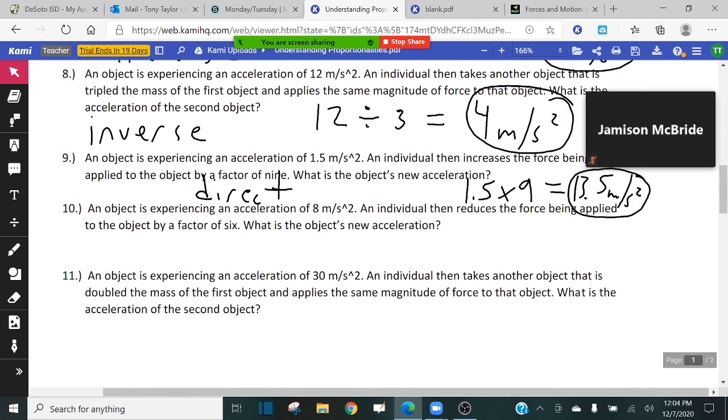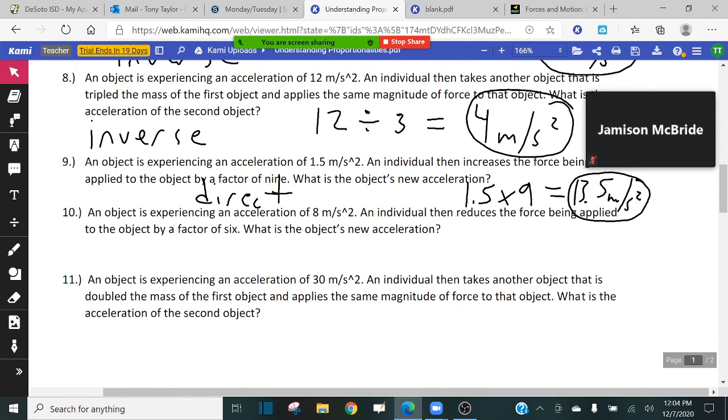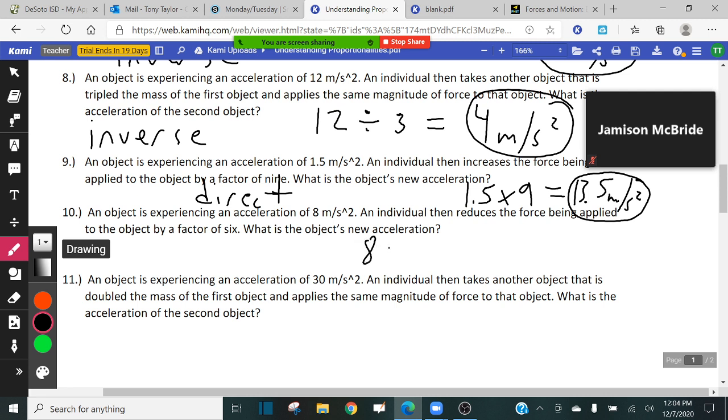So guys, if force is decreased by a factor of 6, that means the acceleration better go down by a factor of 6. So that means 8 divided by 6 on number 10.